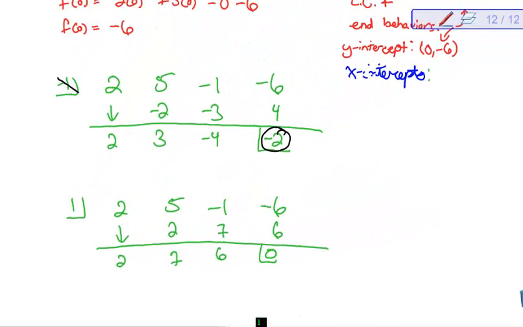So I know now that whenever I get this 0, I can come over here and put an x-intercept at x minus 1, because remember I've got an x equal to a positive 1. And so usually if it's factored form I would say x minus 1.